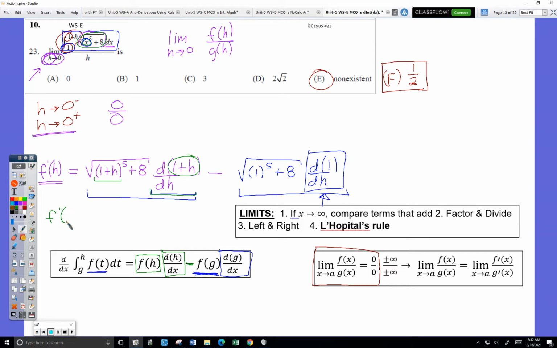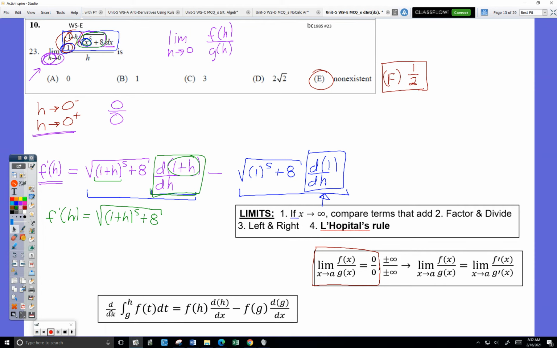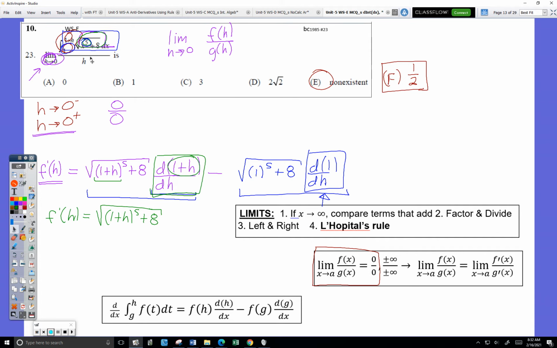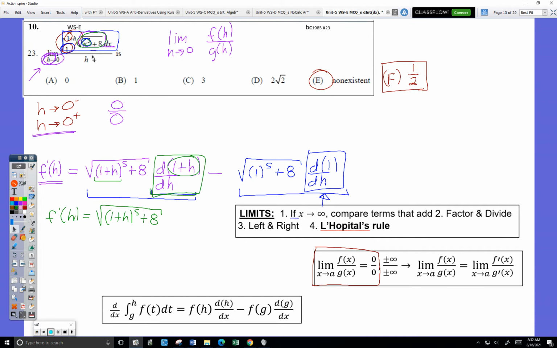F prime of h is simply, because this again is 1, the square root of 1 plus h to the 5th power plus 8. That's my f prime. My f prime of g is simply this. Here's g. So my g prime is just 1.